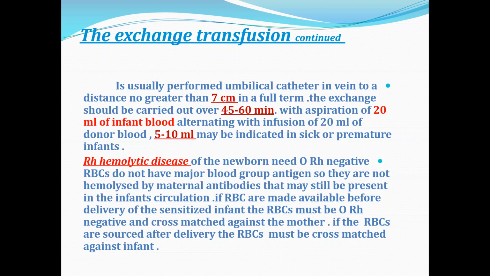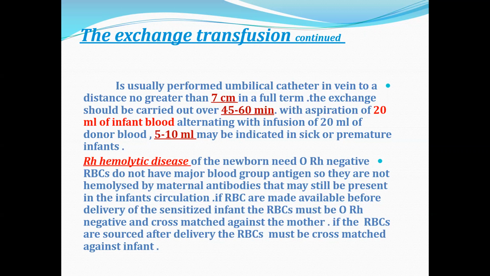Of course, the catheter is inserted into the vein, not the arteries, because the vessels present in the umbilical cord are 2 arteries that come from the internal iliac and 1 vein that passes the blood to the portal system and then to the right atrium.